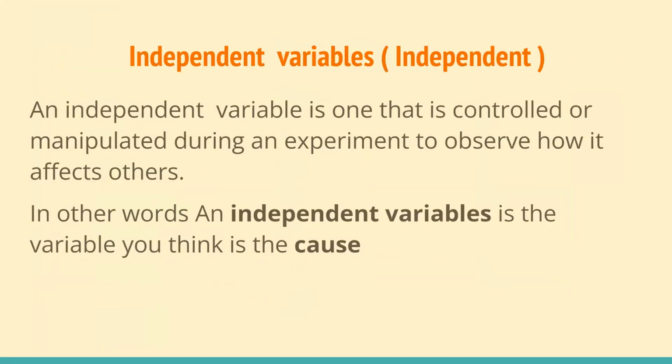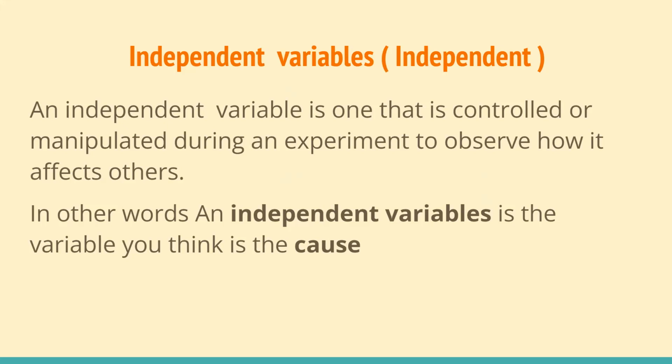The variables are the elements. Now, what are these variables? Independent and dependent variables. An independent variable is one that is controlled or manipulated during an experiment to observe how it affects others.